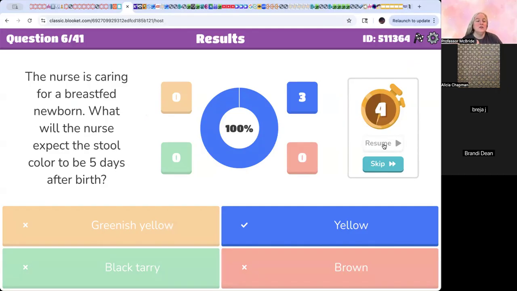What does newborn stool look like at first? It's more of a black and tarry color. Yep, and that's the meconium. Then it's going to transition to a greenish yellow, and then it'll go to yellow and seedy.